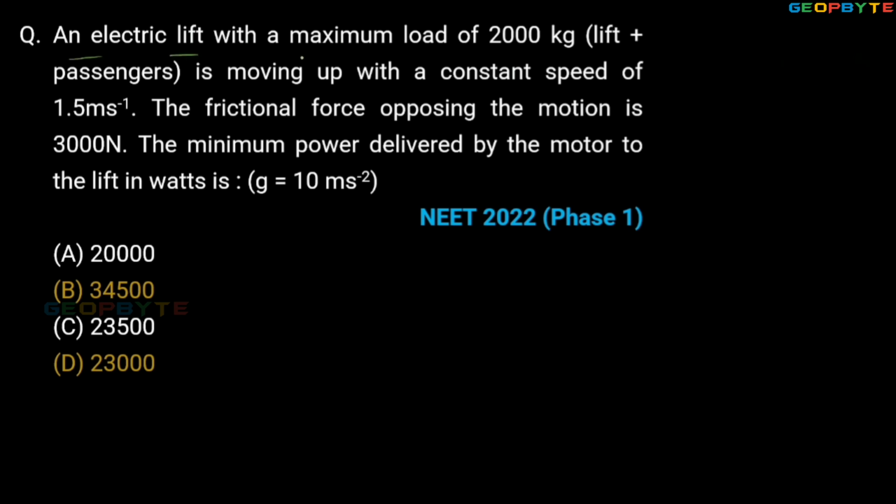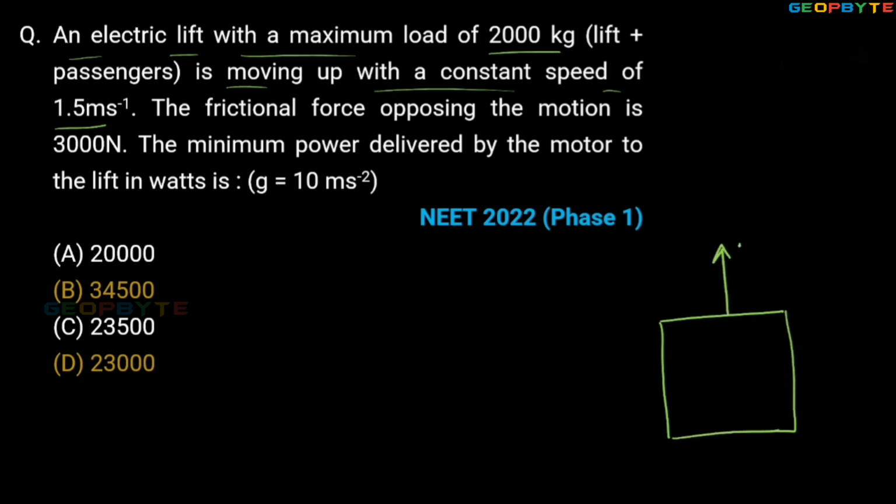Okay. Similarly, let us take another important problem, asking like this: An electric lift with a maximum load of 2000 kg. The 2000 kg is the lift weight plus passengers' weight. It is moving up with a constant speed of 1.5 meter per second. Let us take the lift. This is the lift.